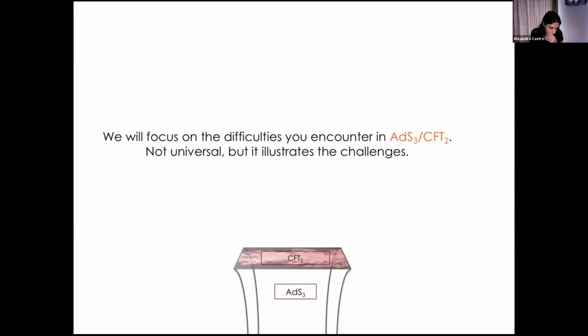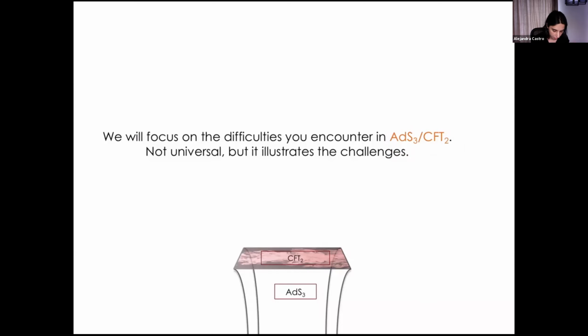Now, ideally we would like to answer this question in full generality in the whole context of AdS/CFT, but today we're going to focus on AdS3/CFT2, okay? There are many aspects of this instance of the duality that are very powerful, and we're going to use them.